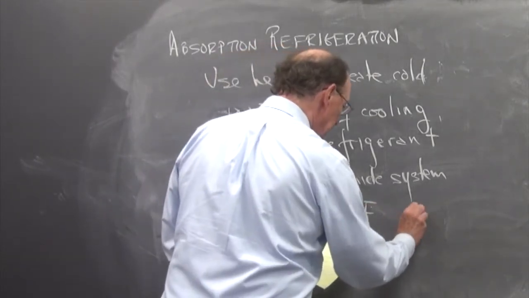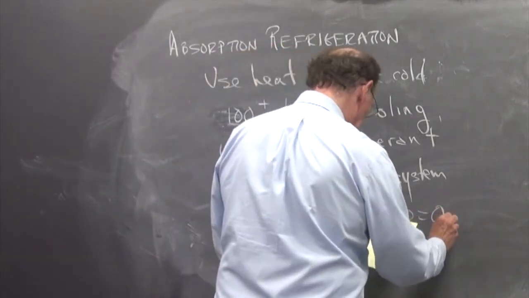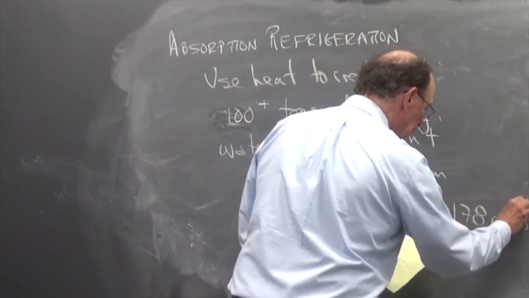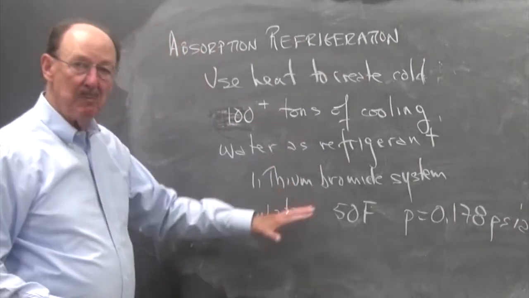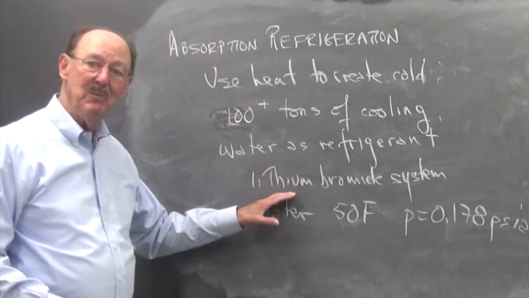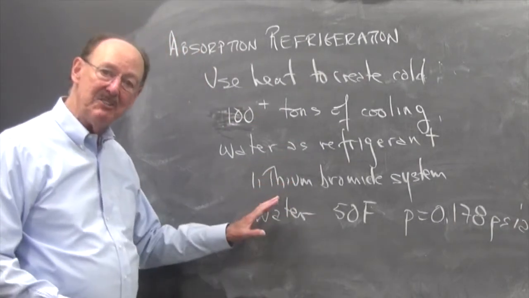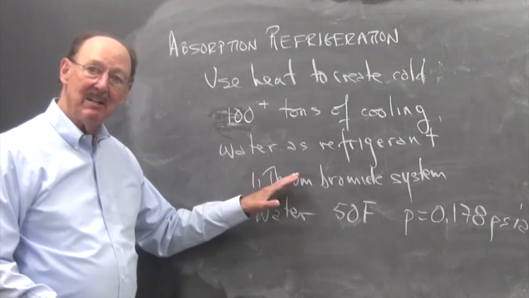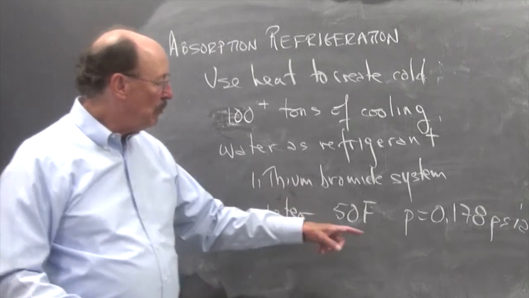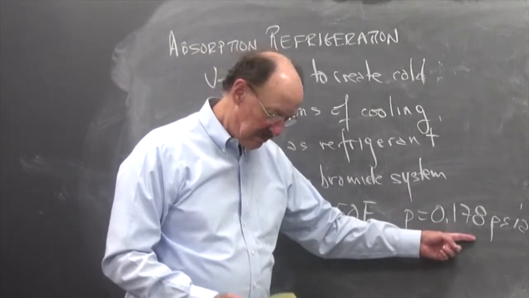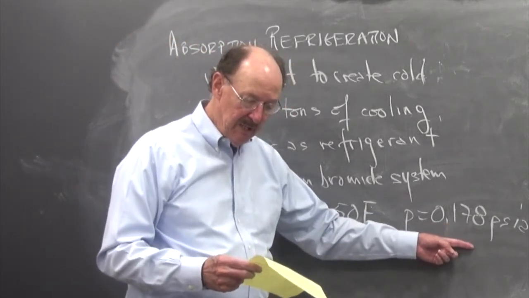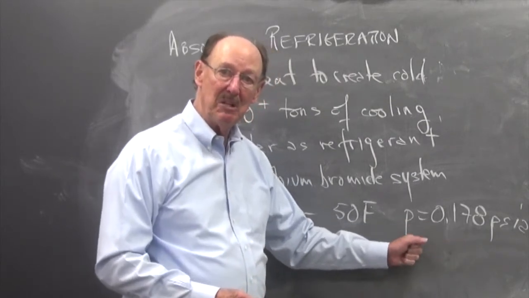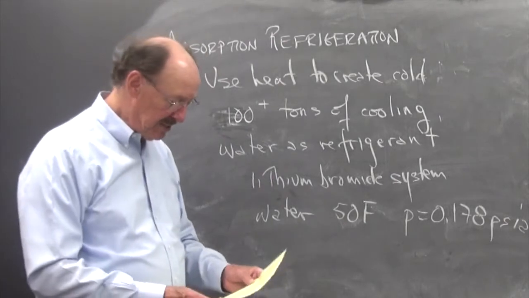The pressure P is equal to 0.178 psia. So this lithium bromide system operates at a vacuum, so the issue of air leakage in is a problem, and so we're looking at running at a low vacuum, because 14.7, so this is, let's see, I did the calculation, about 29.5 inches of mercury vacuum, so it's a very significant vacuum that we have to run the system at.